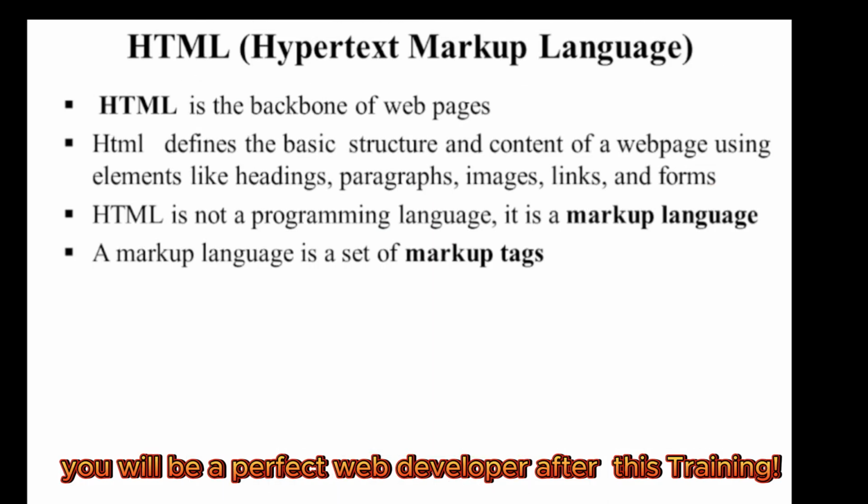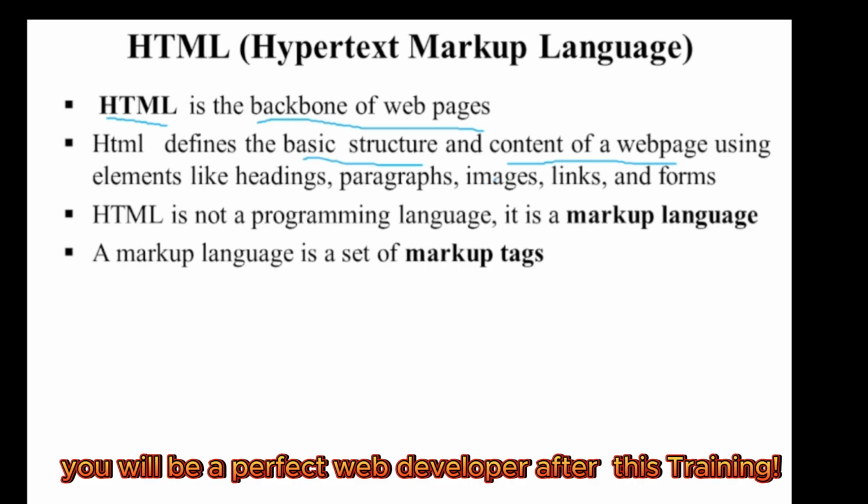And the other, let's come to HTML. This HTML is the backbone of every web page. To design the user interface, the form, you need this HTML. So this HTML defines the basic structure and content of your web page by using different elements like heading, paragraph, image, link, and form.